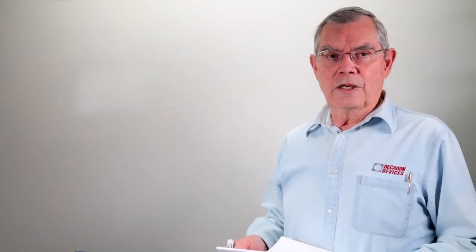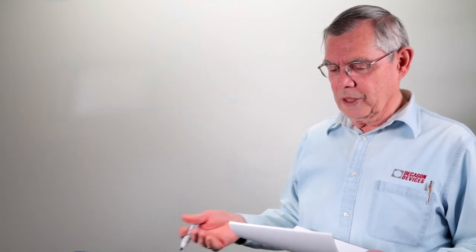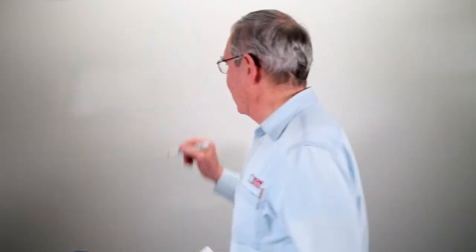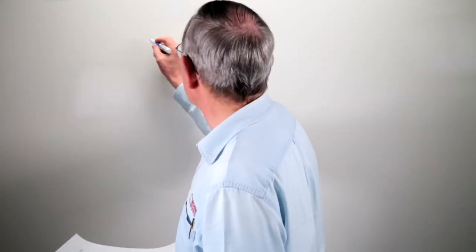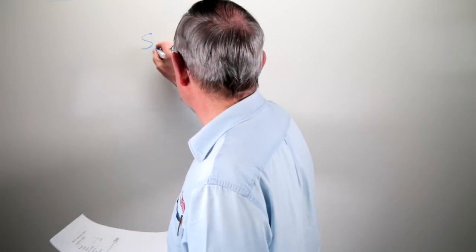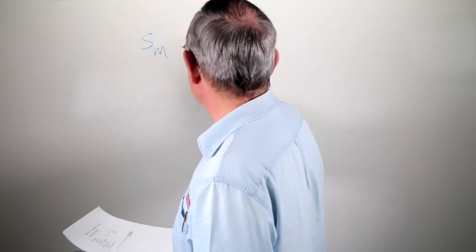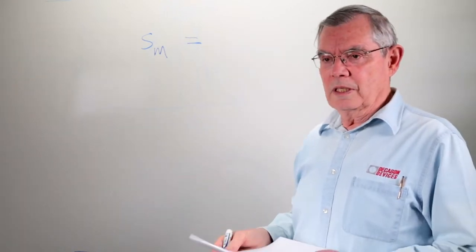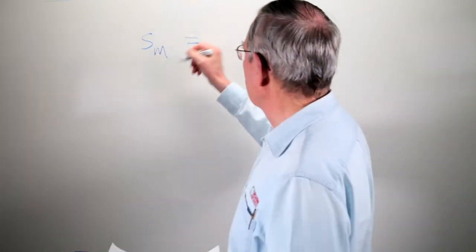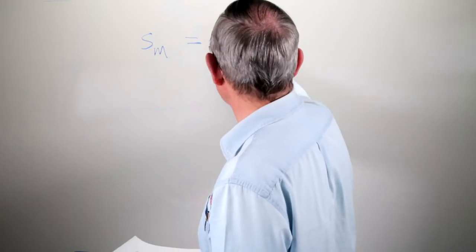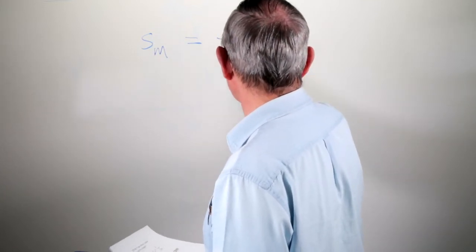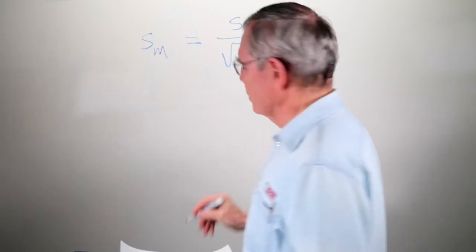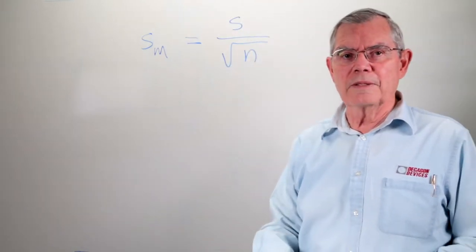And so we can know what the result of averaging several samples is with a simple relationship. The uncertainty in the average value that we get, the standard deviation of the mean, is the standard deviation divided by the square root of the number of samples.